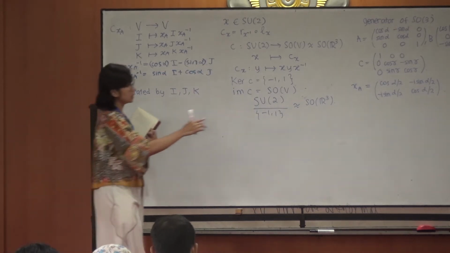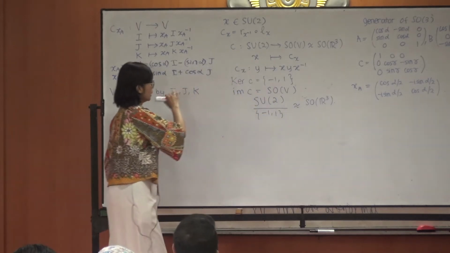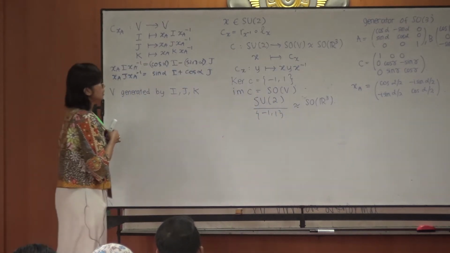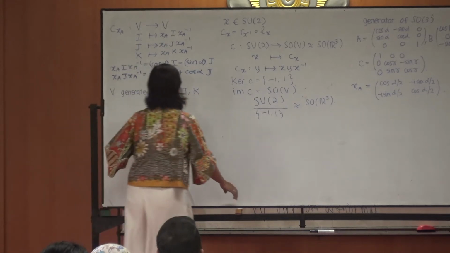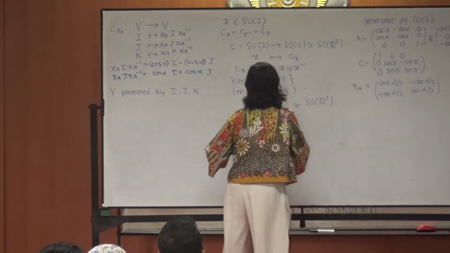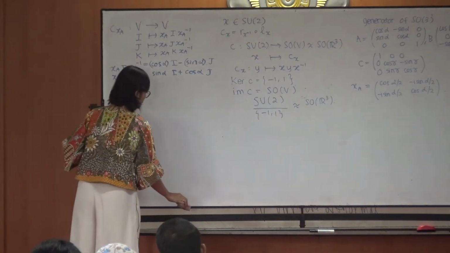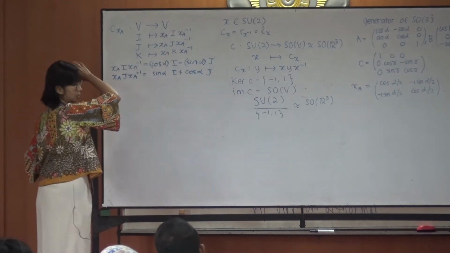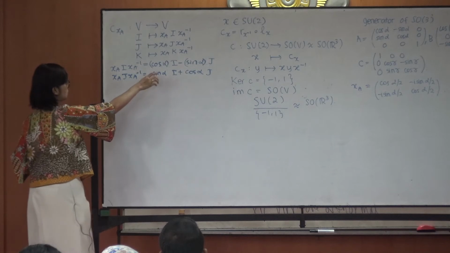And how do we get this matrix? We write down this matrix for A, but we write it on a row.